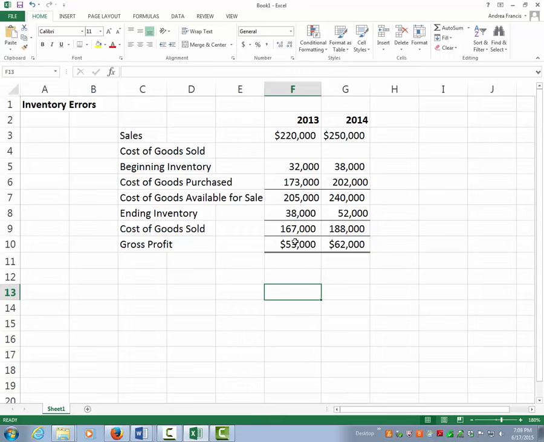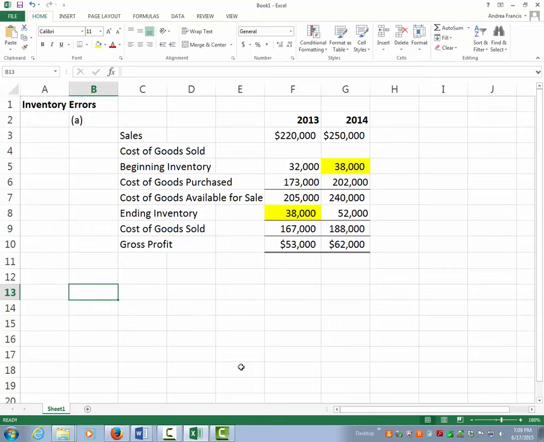So this is how that mistake in ending inventory is going to impact everything going forward. So what we realize is that when a company is making a mistake at the end of one year, they have to be very careful because that mistake carries on potentially into the next year.